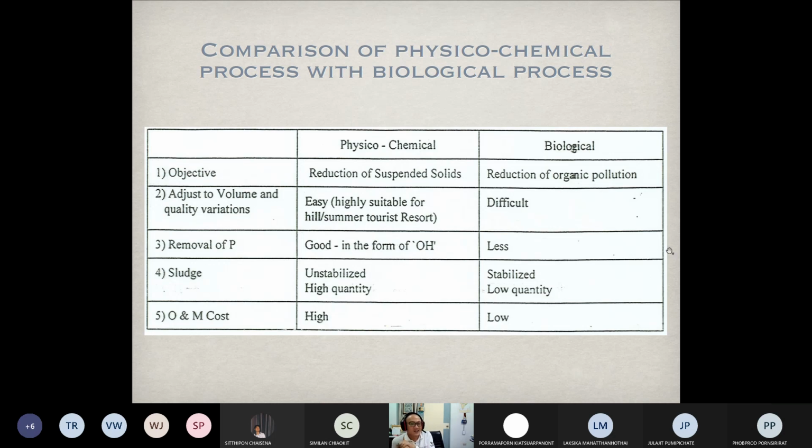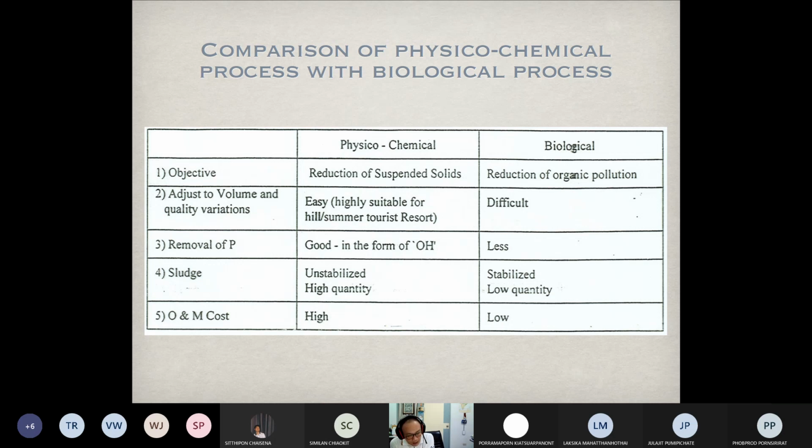What are the differences between these two processes? Physical chemical process: we apply some chemicals to modify the characteristics of the contaminants, such as very small or very fine particles.